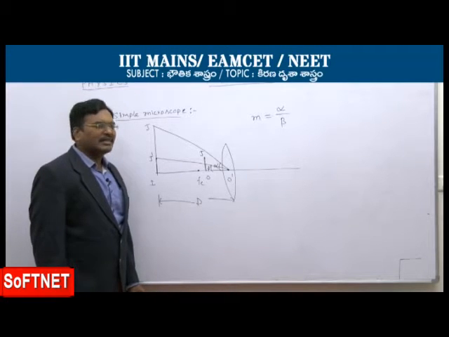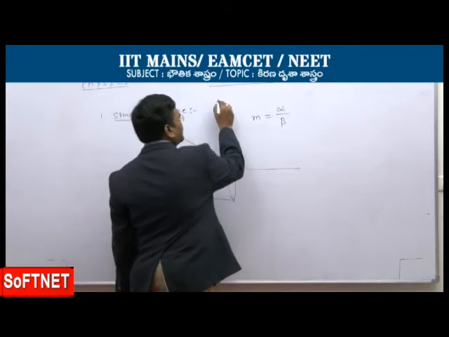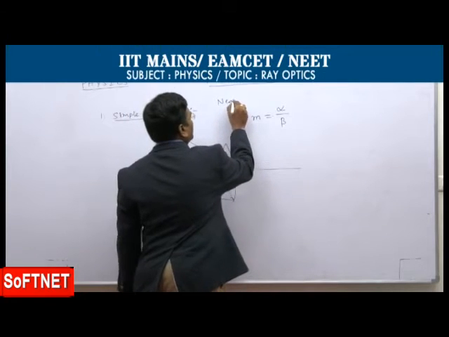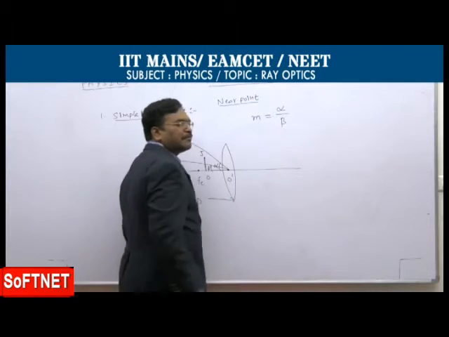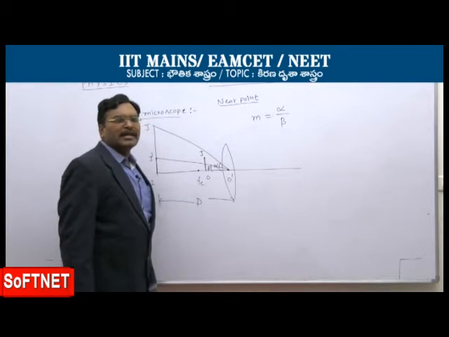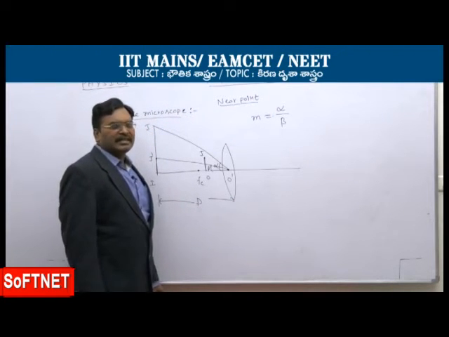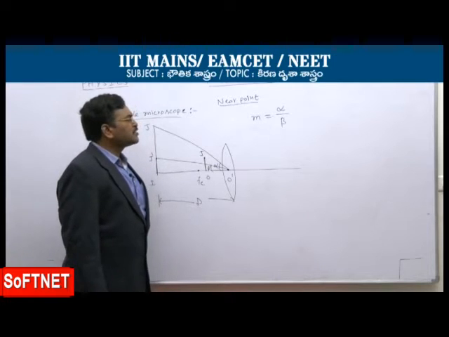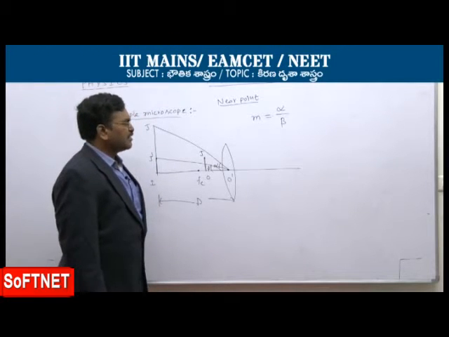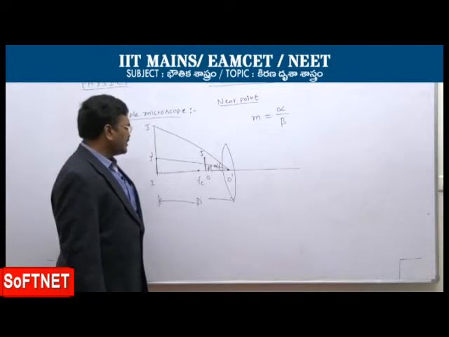For a normal eye, the near point is 25 centimeters.